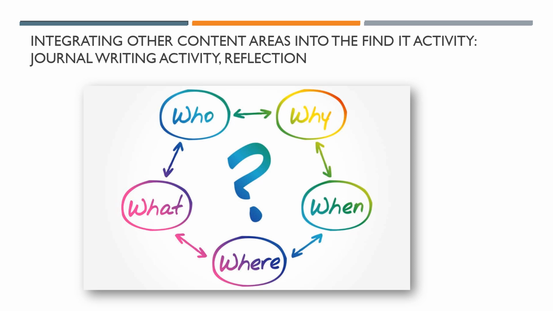They can include such things as who they were working with while they completed the activity, what they determined, where the objects were located, when the activity took place, and what they thought about the activity and why they thought it was a positive activity or a negative activity, and an interesting way to include mathematics and measurement and technology.